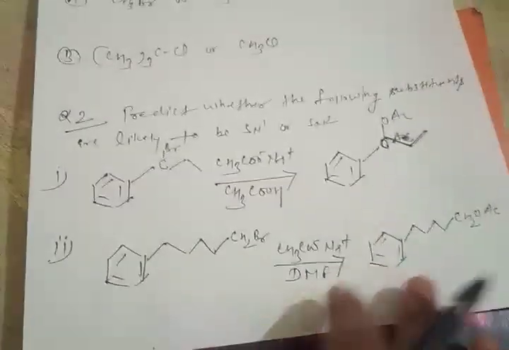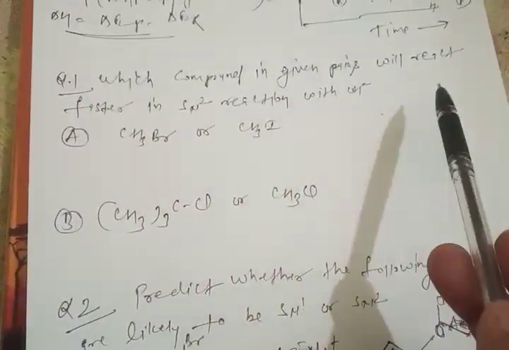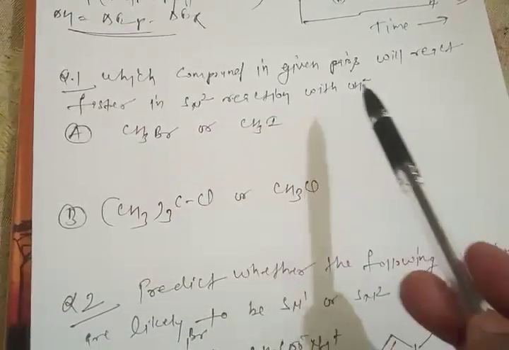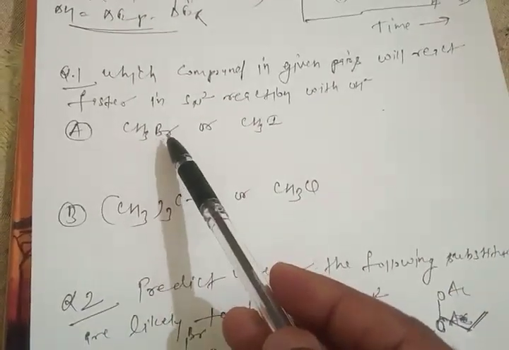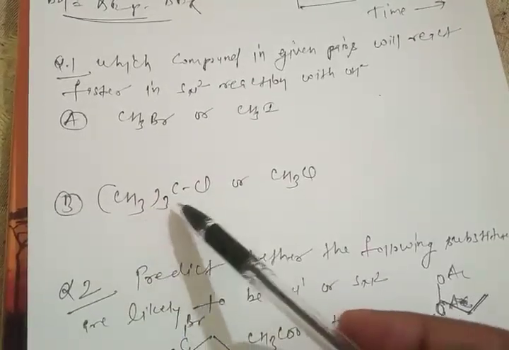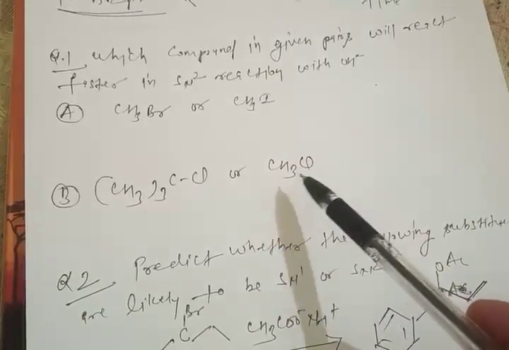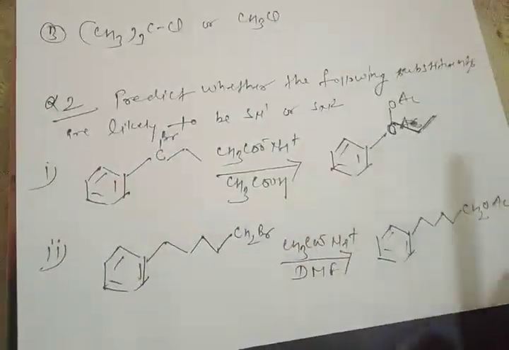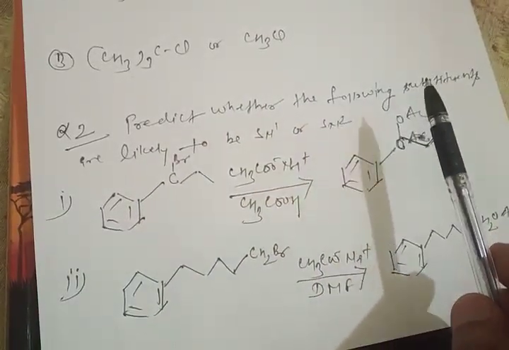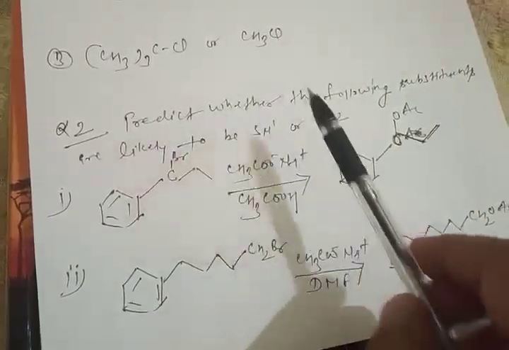You have to answer these questions. I am again repeating the question. Which compound in a given pair will react faster in SN2 reaction with OH negative? We have two pairs, CH3Br or CH3I, and (CH3)3CCl and CH3Cl. You have to answer with the reason. Then the second question, predict whether the following substituents are likely to be SN1 or SN2.